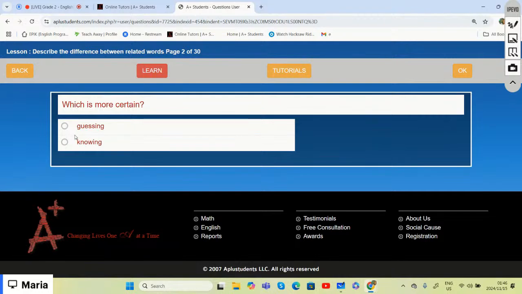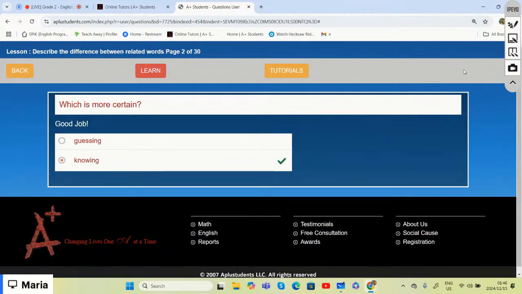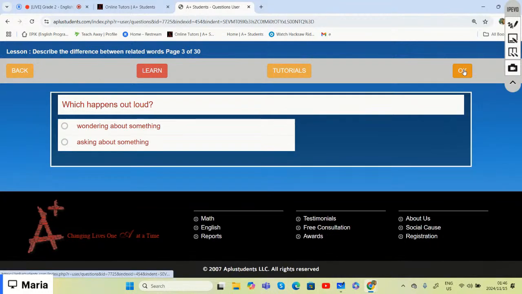All right. And knowing is more certain than guessing. And the last one says, which happens out loud? Wondering about something or asking about something. So if I'm wondering about something in my mind and I'm thinking, or I'm asking something, which one is out loud?